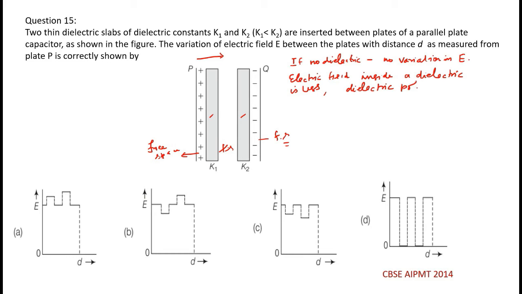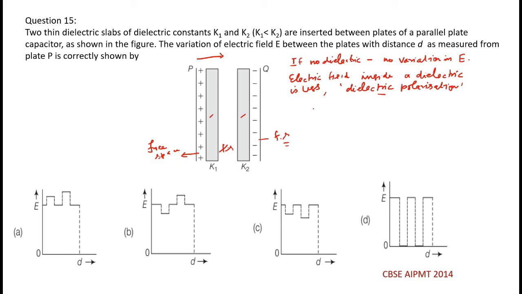If you want to know about dielectric polarization, you can watch my video on dielectrics. Because it is a NEET practice question, I am not going into the derivations part of it. So dielectric polarization will make the electric field inside the dielectric less.